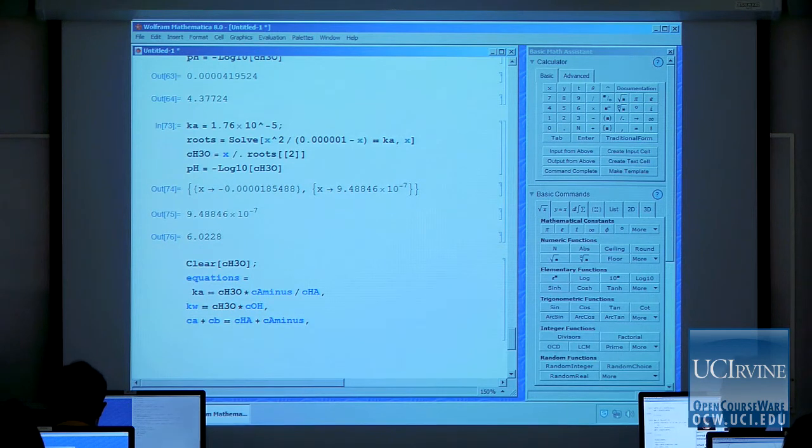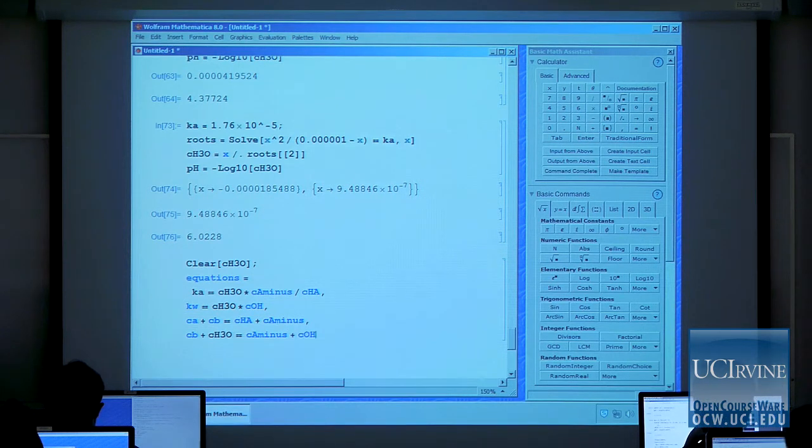And then finally, the equation that expresses the conservation of charge, or neutralization condition. So that's the concentration of sodium, which is the initial concentration of conjugate base, plus the concentration of H3O plus. So all the pluses equals all the minuses. So that'll be CA minus, sorry, lowercase, and then plus COH.